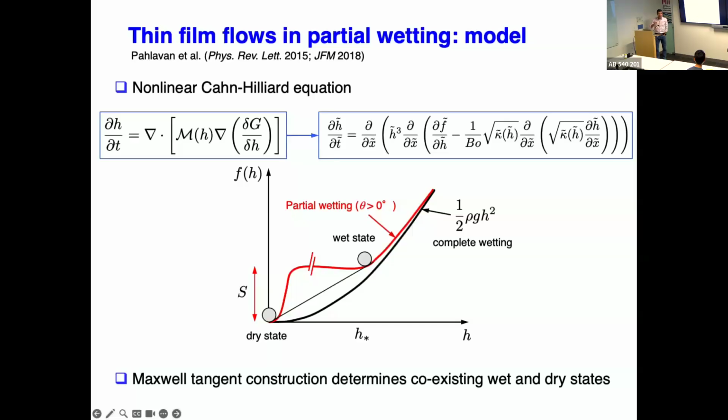So this is, again, just to say that completely wetting systems, or a formulation that is applicable to completely wetting systems, would predict that the puddle continues to spread indefinitely. If you account for partial wetting, it does not.